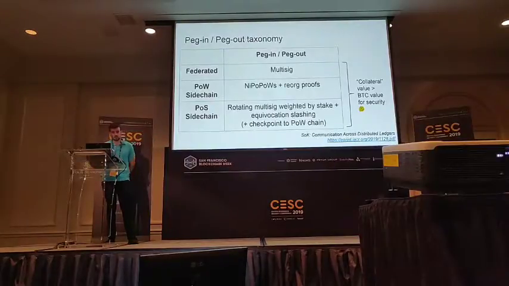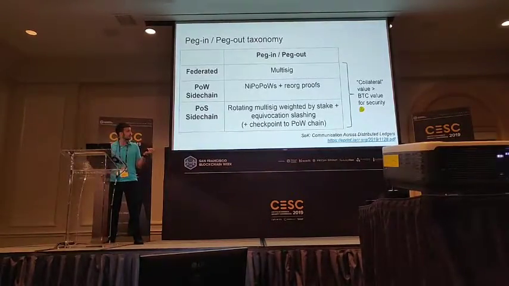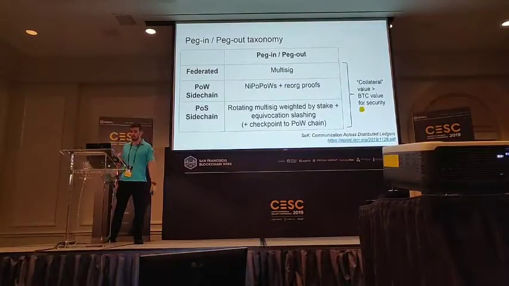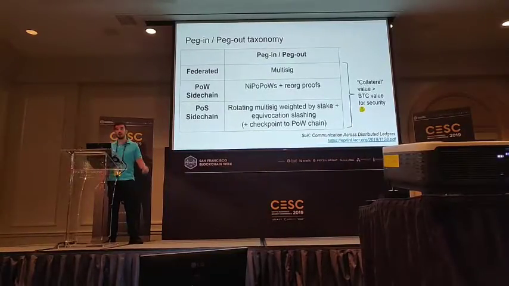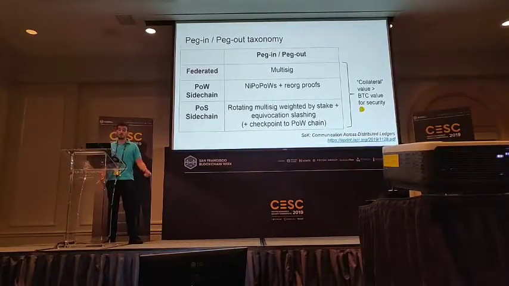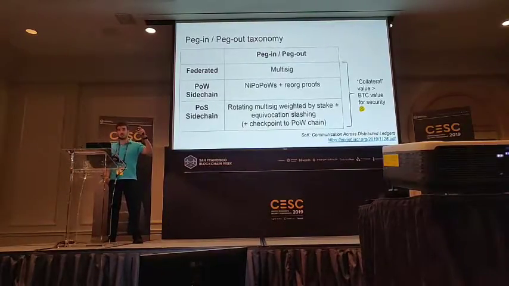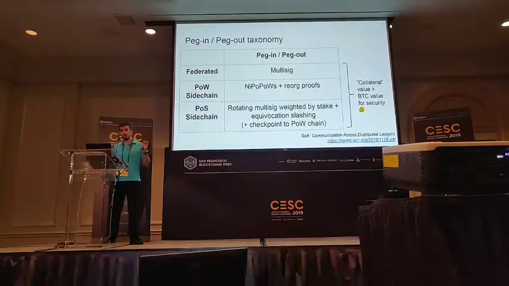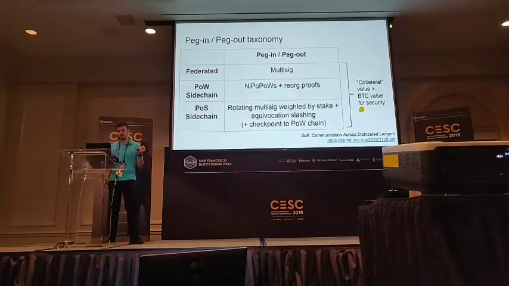So we have a very nice taxonomy which was very nicely described in the paper that I cite over here, which you should all read. It says we have the federation, which is just a multisig, and multisigs are great and an amazing primitive, but for our threat models they're horrible. You have a proof of work sidechain, which will use some form of logarithmically growing SPV proof, plus maybe some reorganization proofs, in the proof of work scenario.